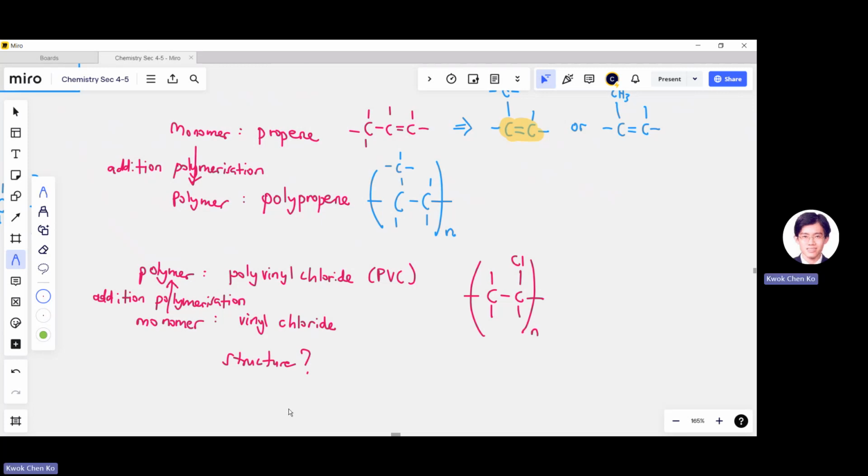So you have to work backwards, and it's quite common in the exam. How does the monomer look like structure-wise? Yes, good. Monomer has a double bond. The polymer does not. But you still have to draw it out.